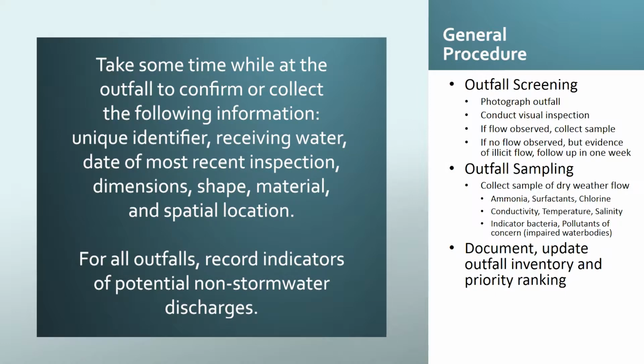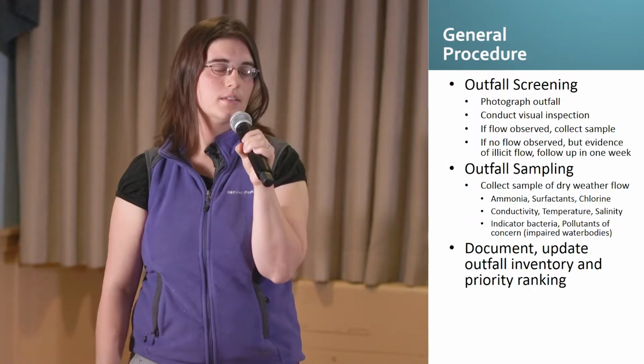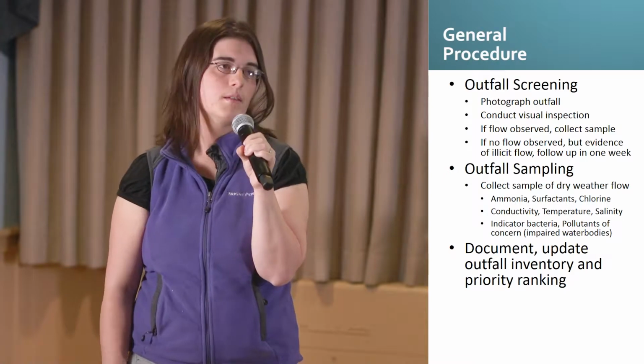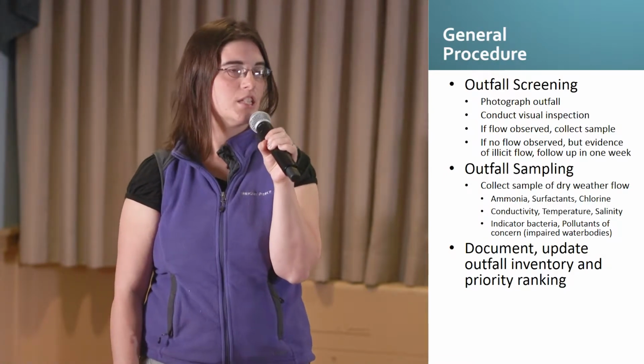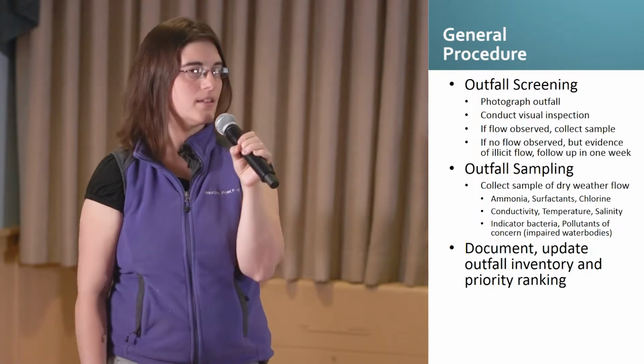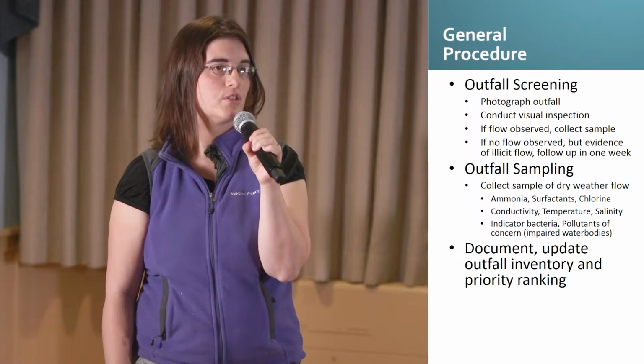For all outfalls, record indicators of potential non-stormwater discharges. So if this is a new outfall, you're going to gather some information about it, such as the location, the material, the condition, the dimension, and then you're going to look for indicators of illicit discharges doing your visual and olfactory screening.